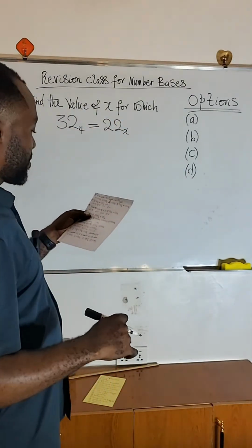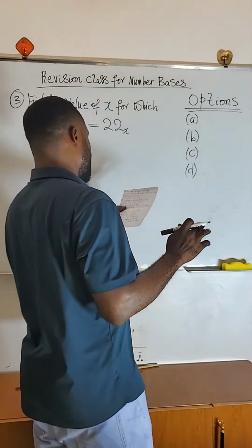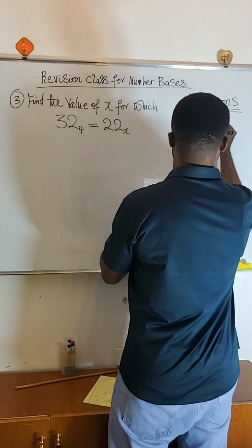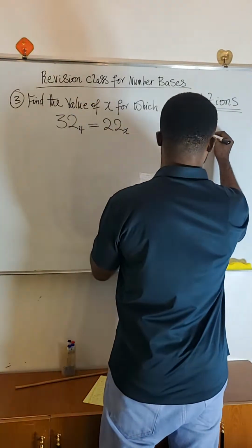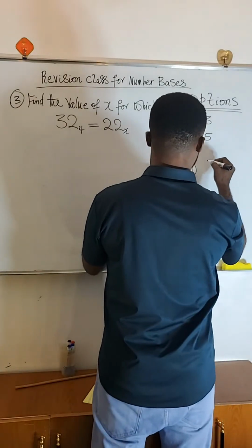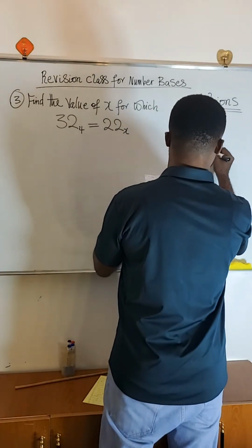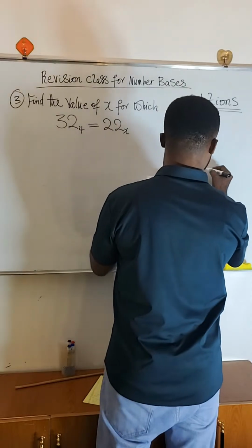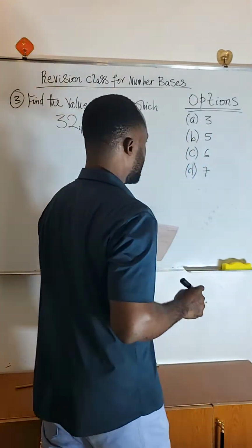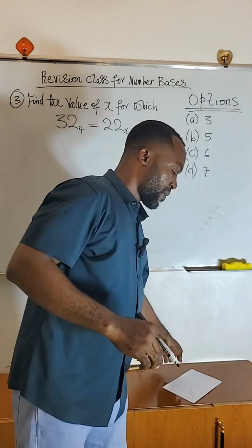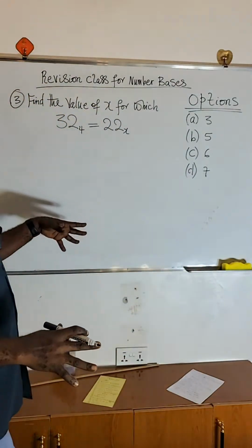And that one also has options: A, 3, B, 5, C, 6, and then D, 7. Okay. So this is the question.